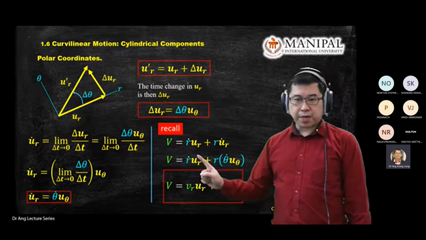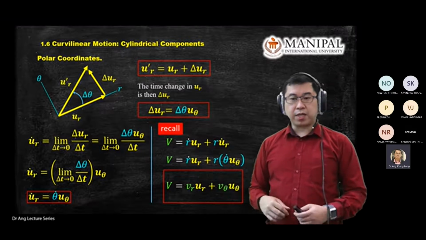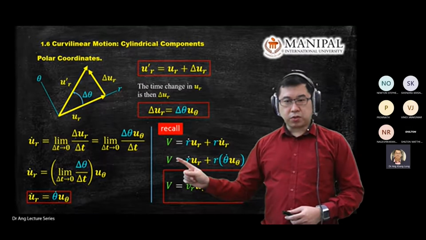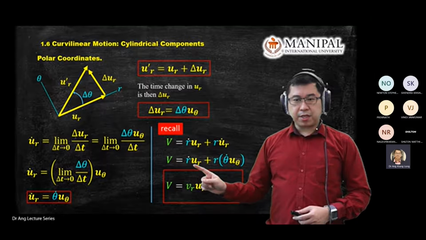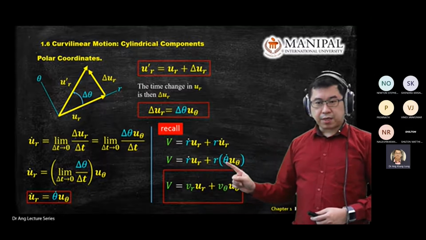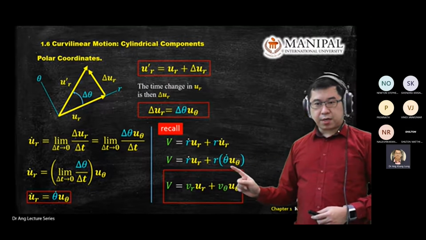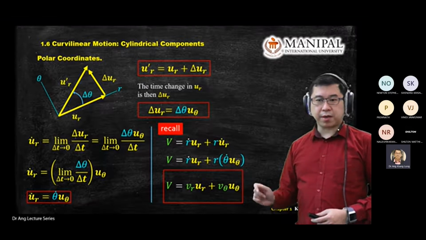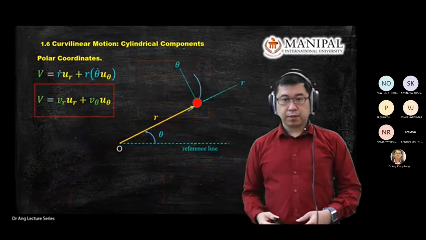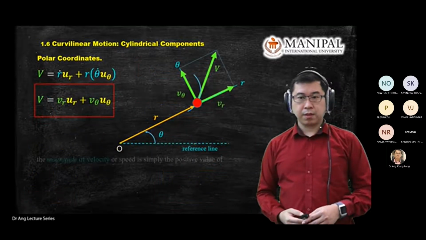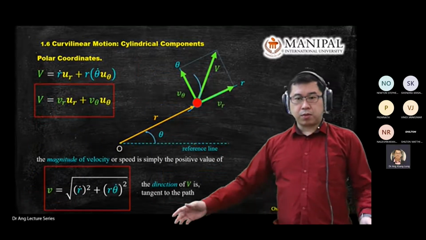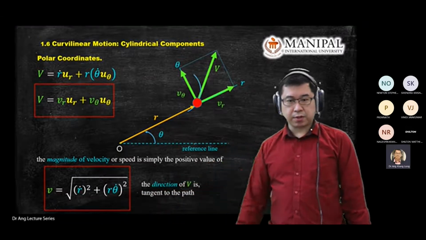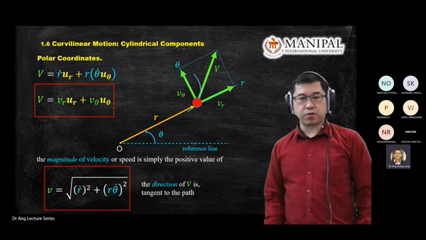Those parameters with a dot above mean a time derivative, so you take the R and differentiate it over time, for example. And for theta, you take the theta equation and differentiate over time. This one is more familiar: to find a vector magnitude, you take the square plus square and then you square root.